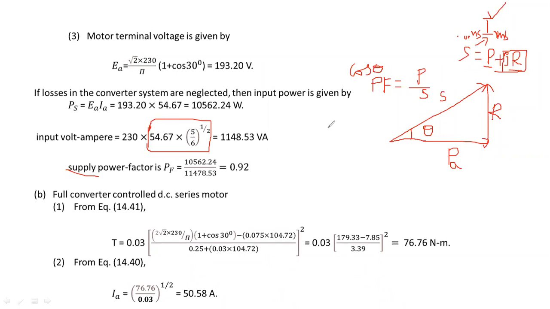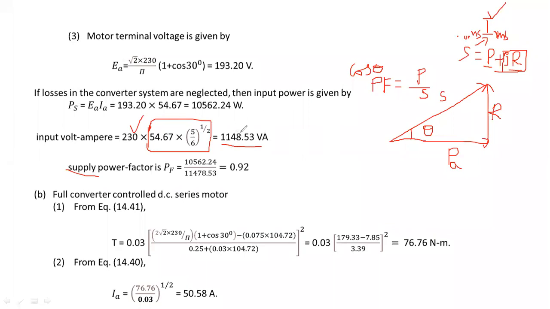You know, to calculate the current, that is a generalized formula. So from that formula, you can calculate the RMS current. So this will be the RMS current, and this is the RMS voltage. So RMS voltage into RMS current will give the input S, which is apparent power.